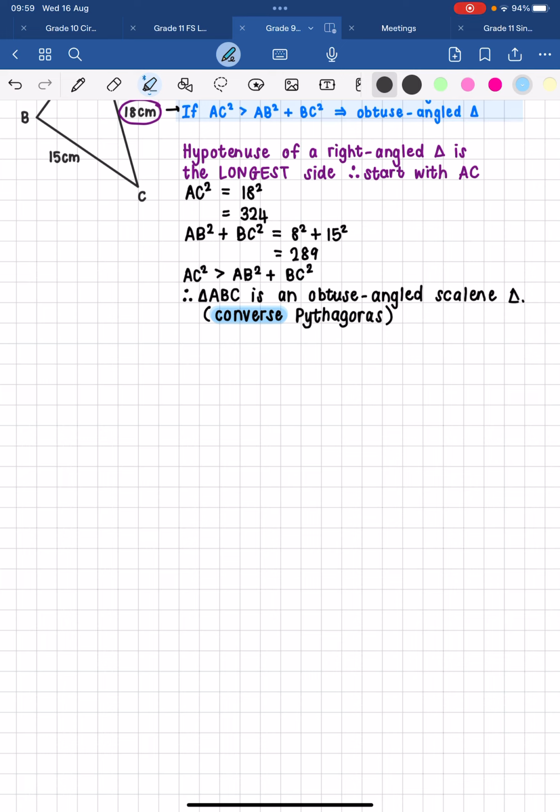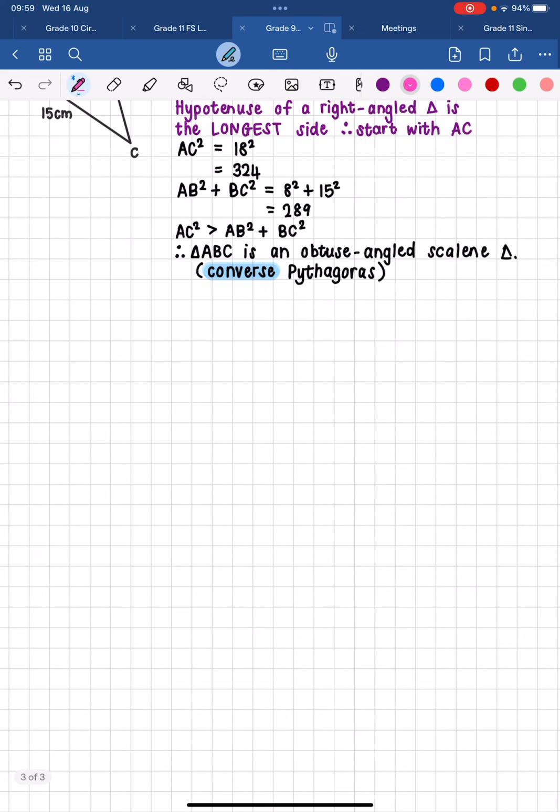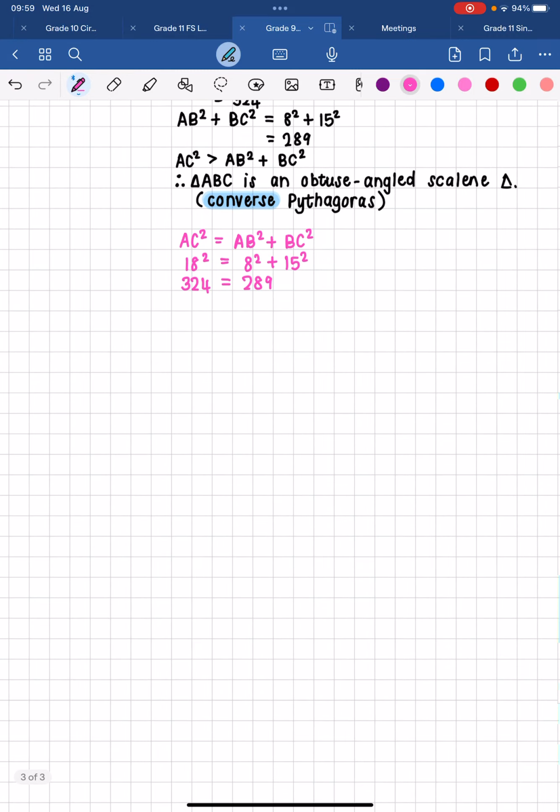Okay, guys, if you do this, I almost don't want to show you, but I'm going to because I feel like some of you might make the mistake. If you do this, AC squared is equal to AB squared plus BC squared, and then sub in your values, 18 squared is equal to 8 squared plus 15 squared, and then you get 324 is equal to 289, and then you're like, oh gosh, they're actually not equal, so let's say that is a 0.